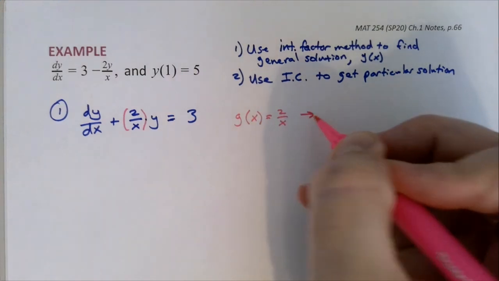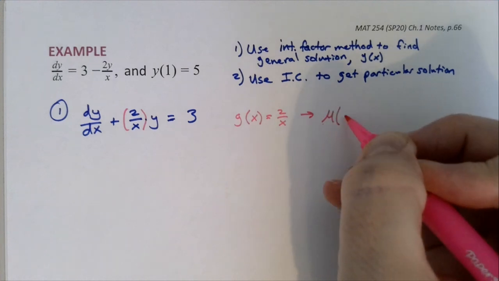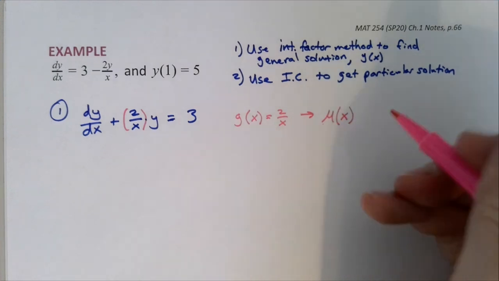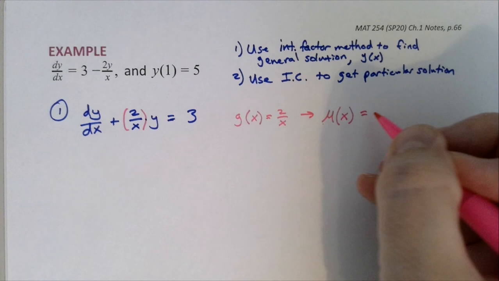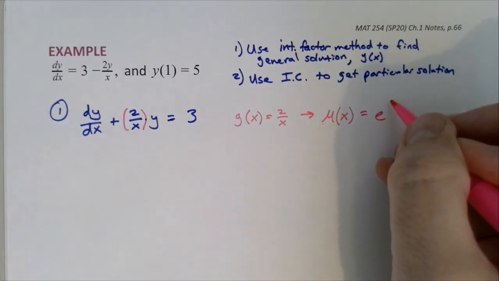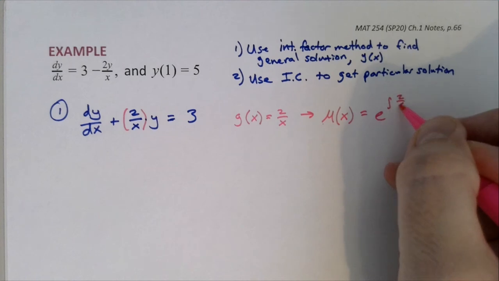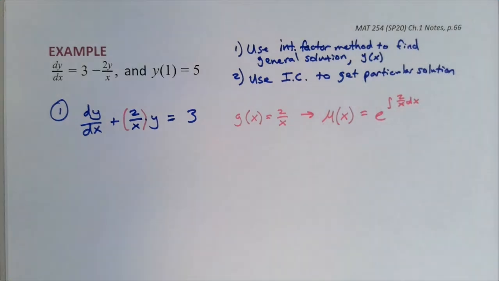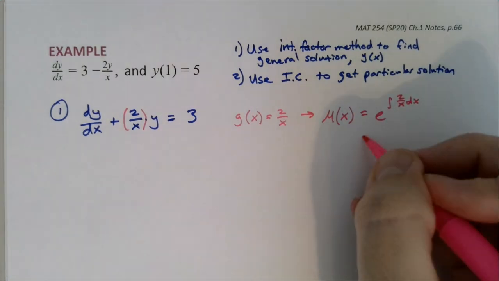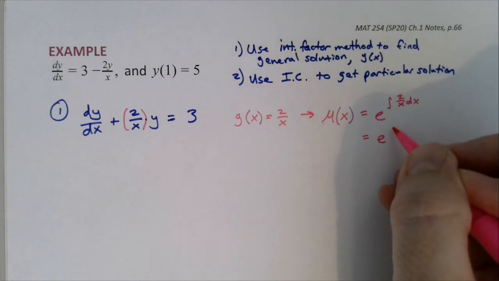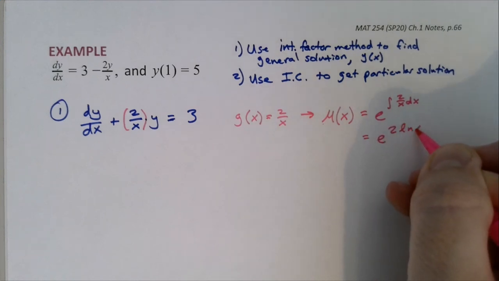And that's going to allow me to find my mu, my integrating factor, mu of x in this case. I can figure out what that is by taking e to the power, the integral of the g function, 2 over x dx. Now that is the same thing as e to the 2 natural log x.